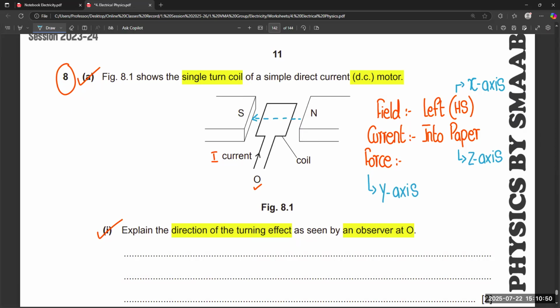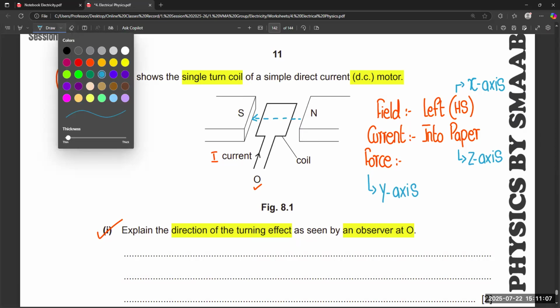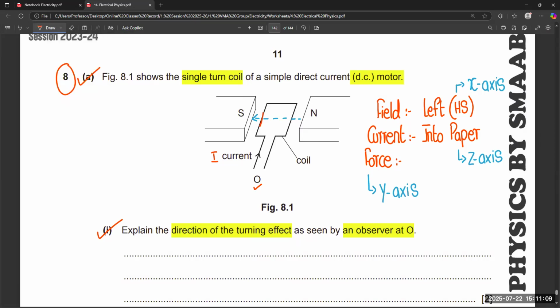So now, if you apply Fleming's left hand rule, identify the direction of force on the left side of the coil. Is it downward or upward? Current is going into the paper from this direction and moving outward from the other side.